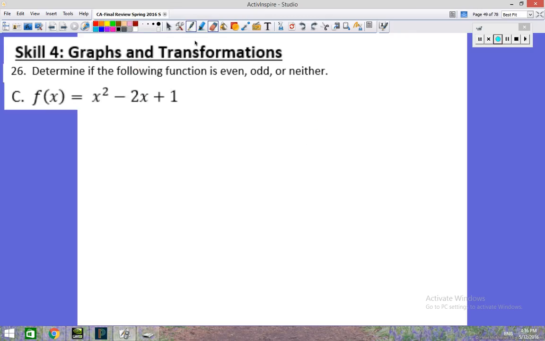See, this works fantastic for polynomials. If we have a more complicated expression, these shortcuts may not always work. For this polynomial, we have an even function, but we also have an odd function. It's going to be neither. If you were to graph this, the graph is a parabola, and it's just that the vertex is not at the origin.